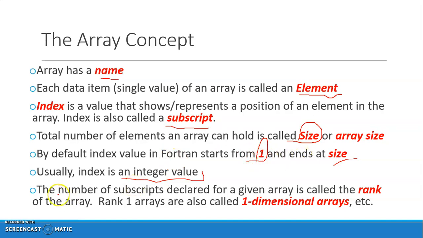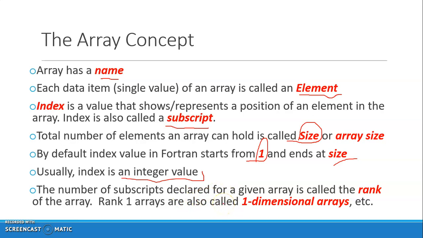And the arrays can be of 1 dimension or 2 dimensions, which we call the ranks. So the demonstration we are going to have is going to be a 1-dimensional array. But sometimes we can have an array that should store a structure such as a table. A table has got rows and columns, and to store such a thing we need a 2-dimensional array.